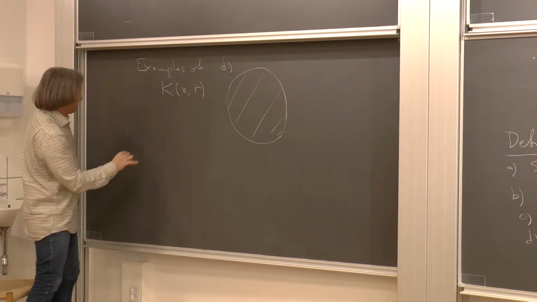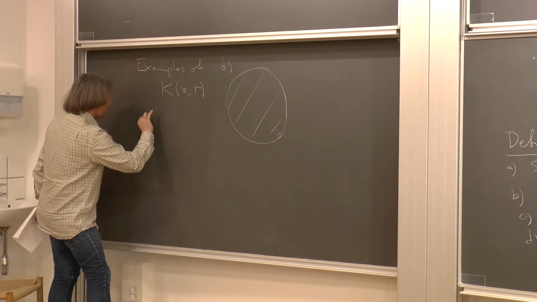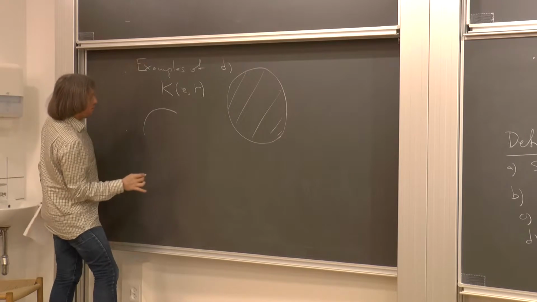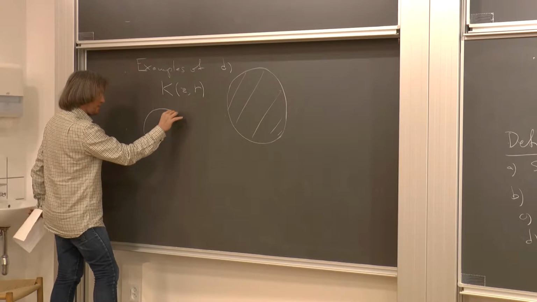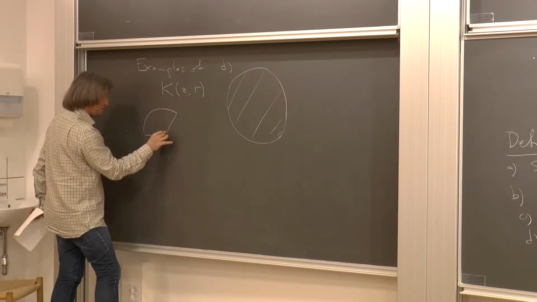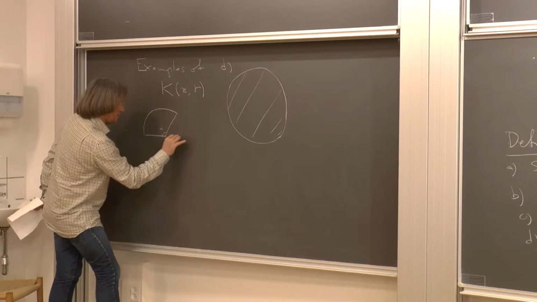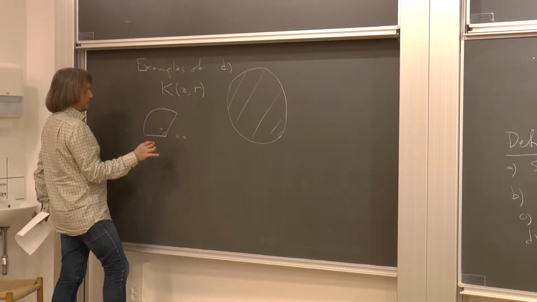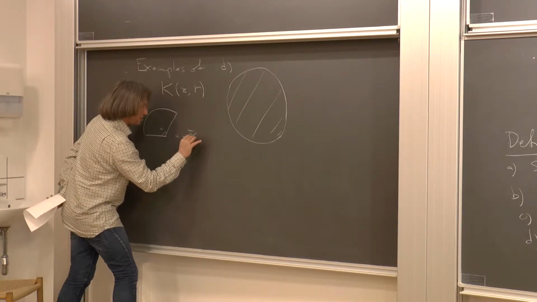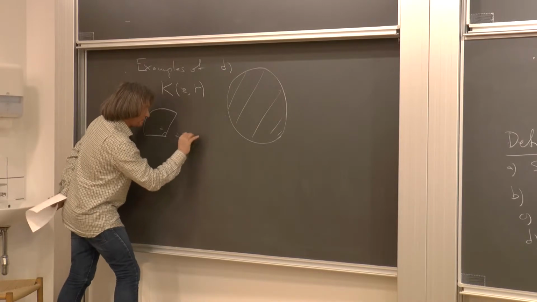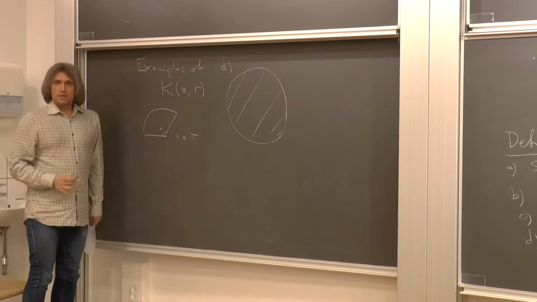Also a half disk. I won't even name it, but half disk, or actually any sector of the disk, where the angle is less or equal than pi. So we'll use these.